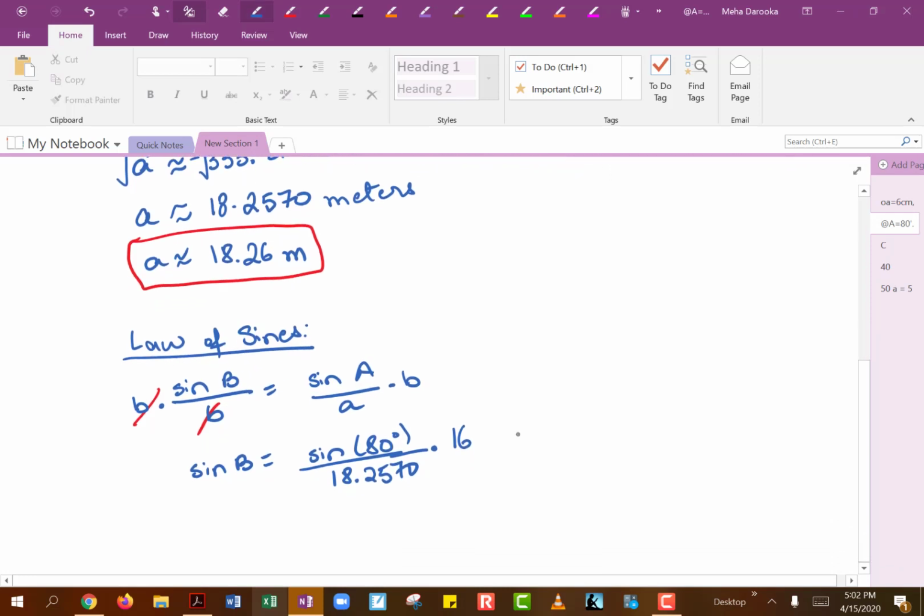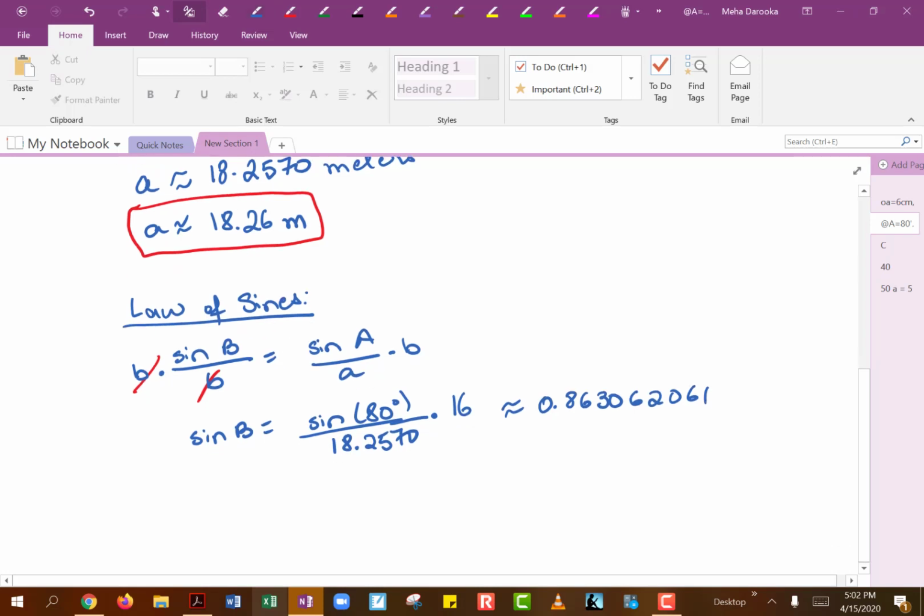So when you go ahead and do this calculation, you should end up getting sine of B as 0.8630626061. And of course we'll need to find the sine inverse for this.